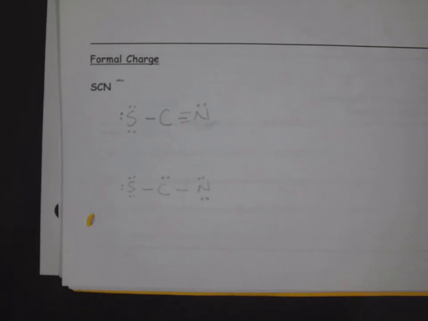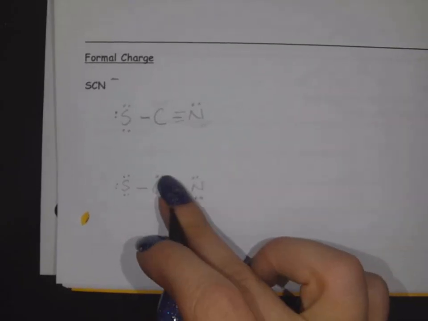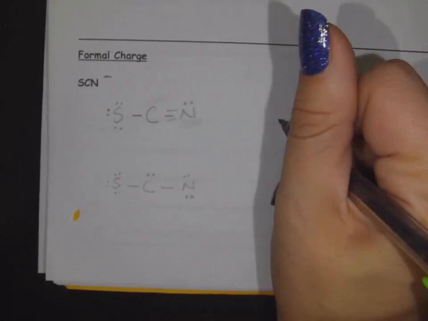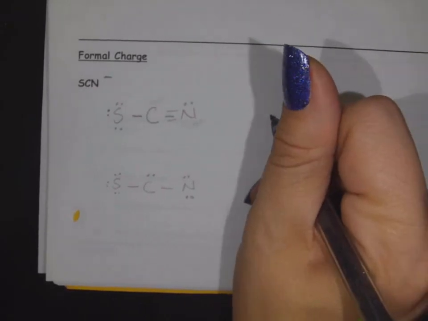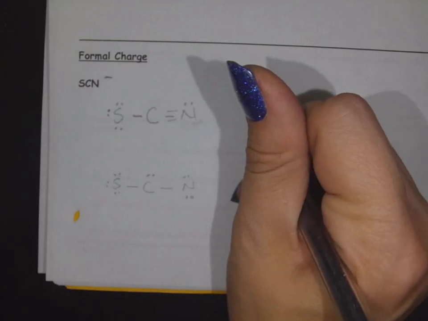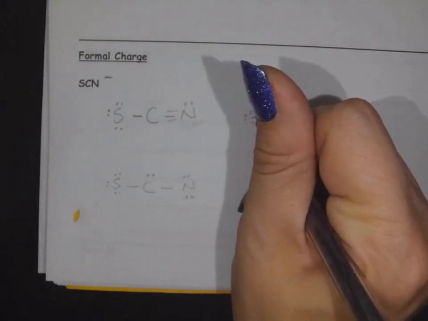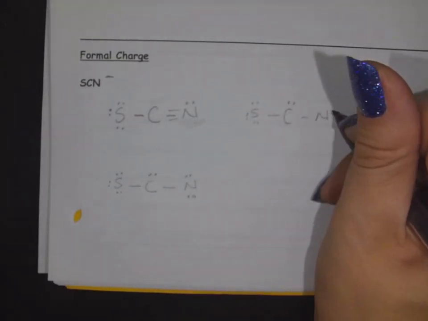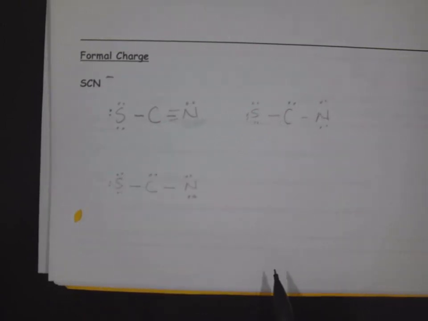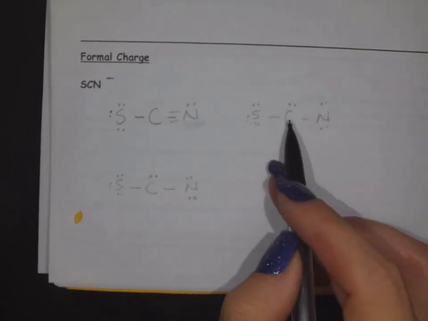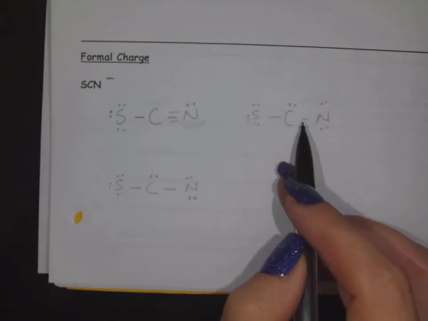But what if I started pulling from the other side instead of this side? So like this original structure again. Okay, now I know that I have a suboctet here, 2, 4, 6.